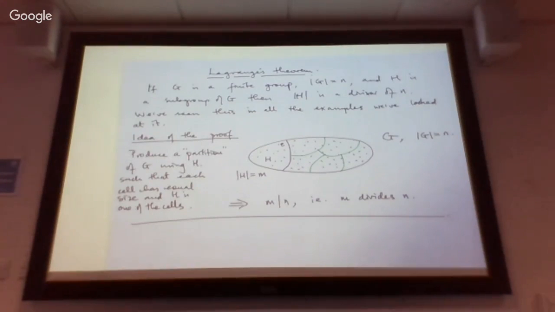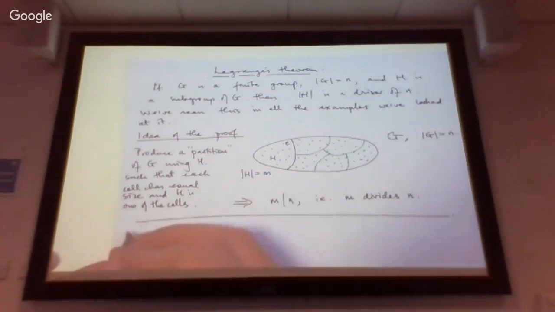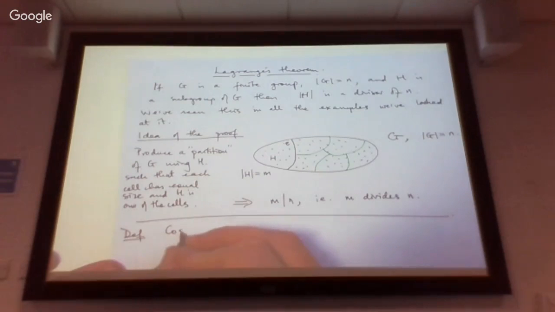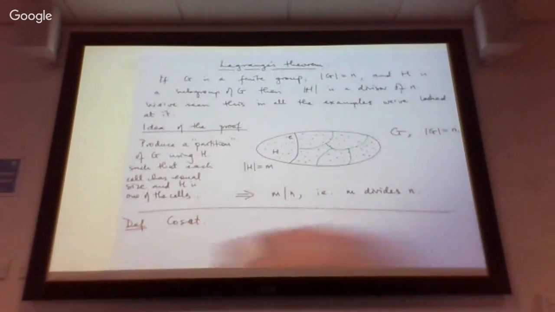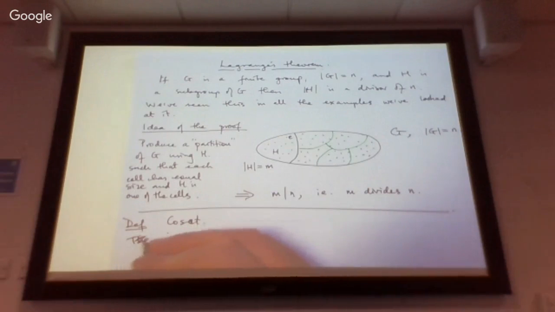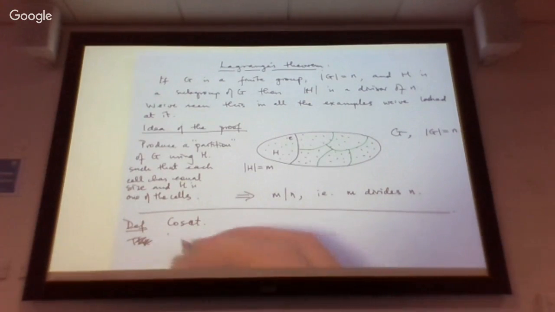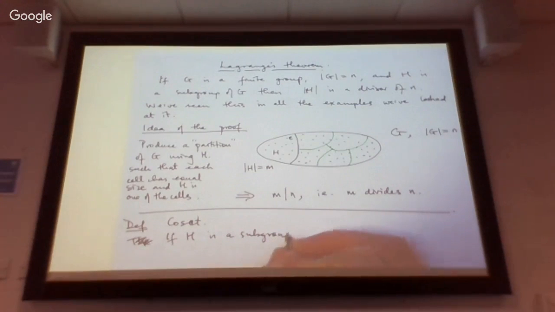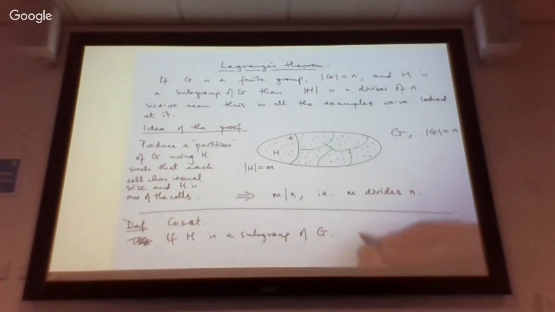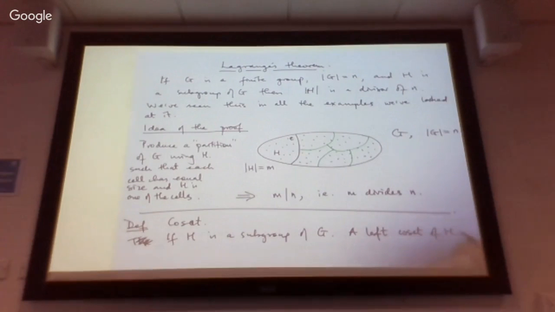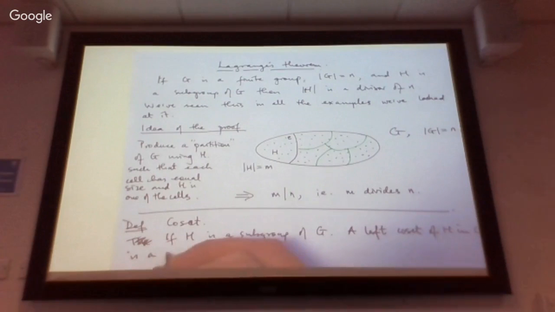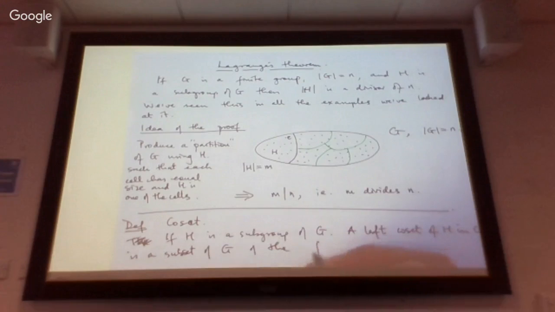Now, I've been referring to these cells of the partition, but the correct word to use is coset. We've got the definition here of a coset. If H is a subgroup of G, then a left coset of H in G is a subset of G of the form gH.